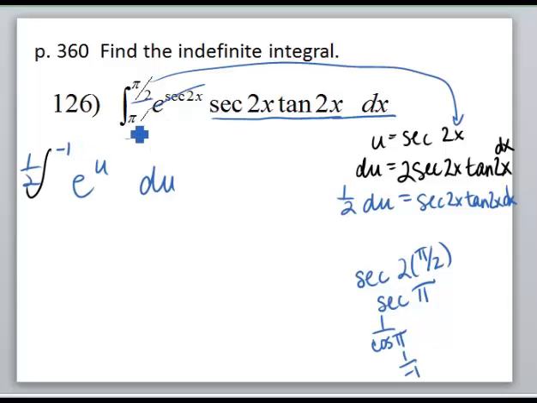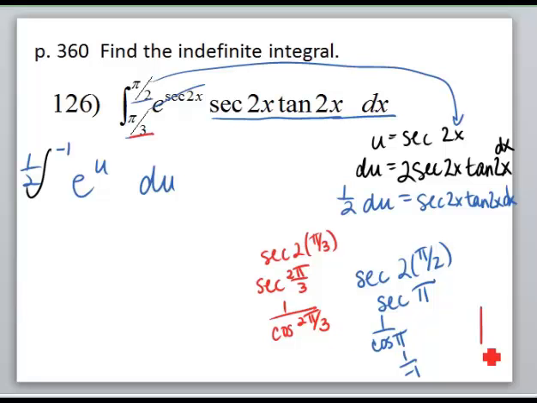And then I also have to do it for pi over 3. So pi over 3, when I plug that in, I get secant 2 times pi over 3. So I'm thinking about what is the secant of 2 pi over 3. Or really, I want to think about it in terms of cosine, the cosine of 2 pi over 3.